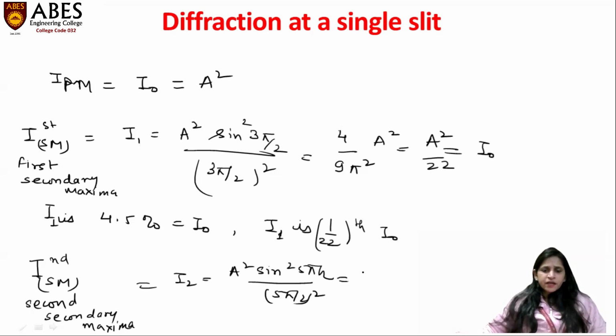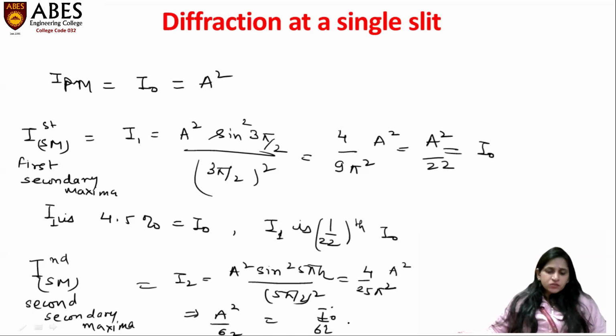So we will be getting the answer as 4 upon 25 pi square into A square, or A square by 62, or 1 by 62 times of I naught. So similarly, we can calculate for the other intensities also.